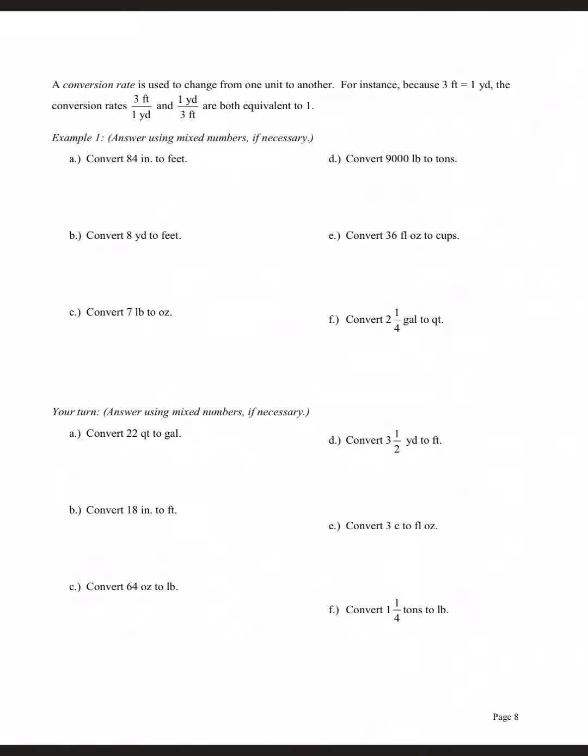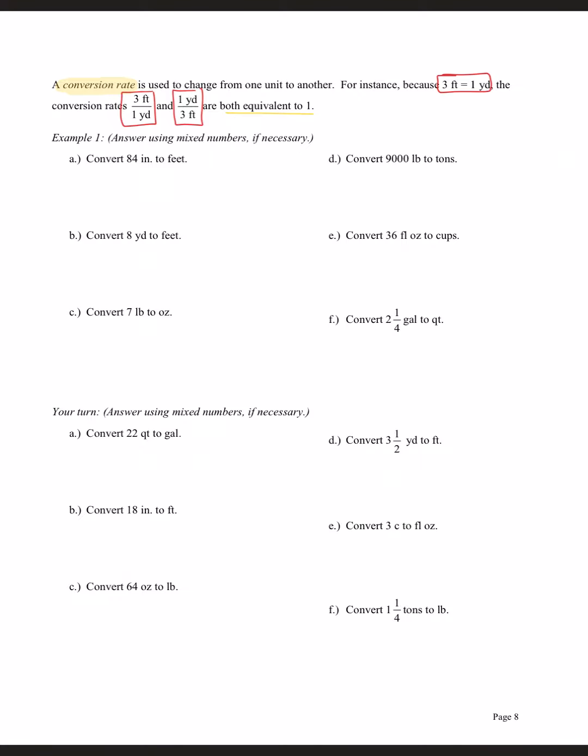A conversion rate is used to change from one unit to another. So we're going to be using a conversion rate in every single one of our problems. For instance, because 3 feet equals 1 yard, the conversion rates are 3 feet to 1 yard and 1 yard to 3 feet. You can see here, these are both equivalent to 1.